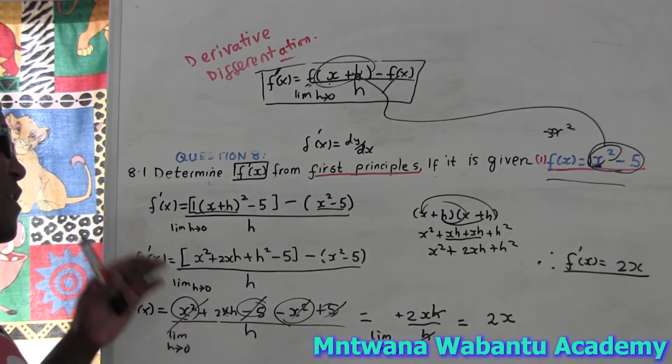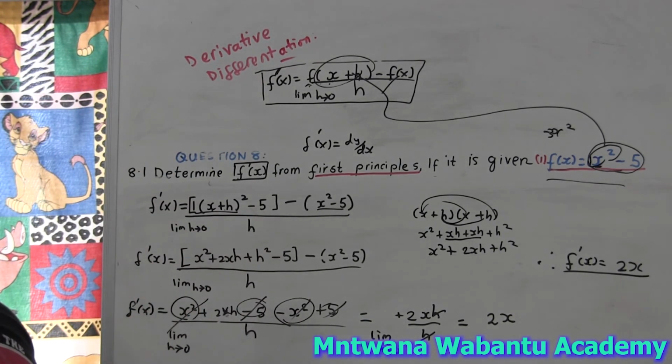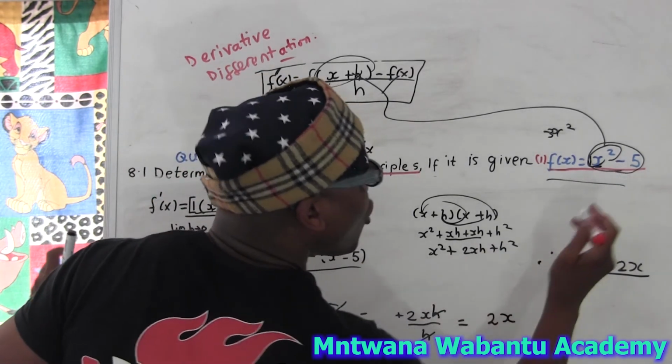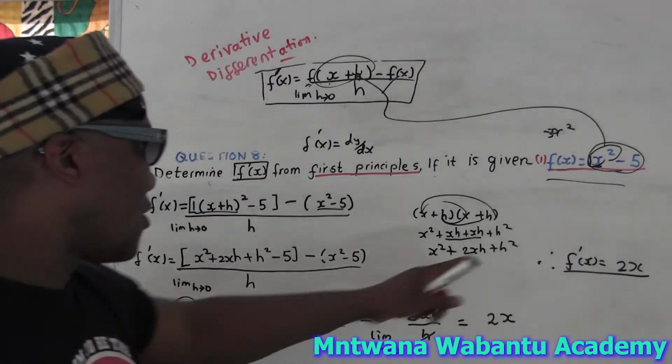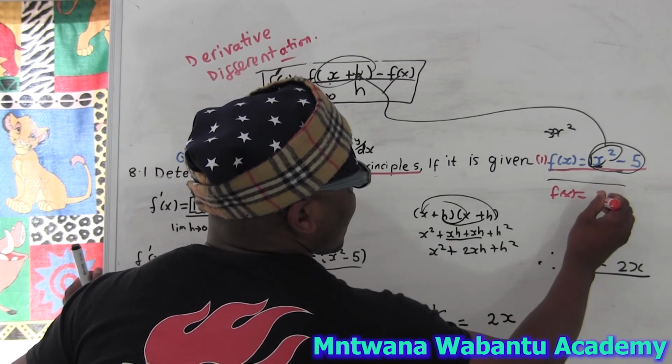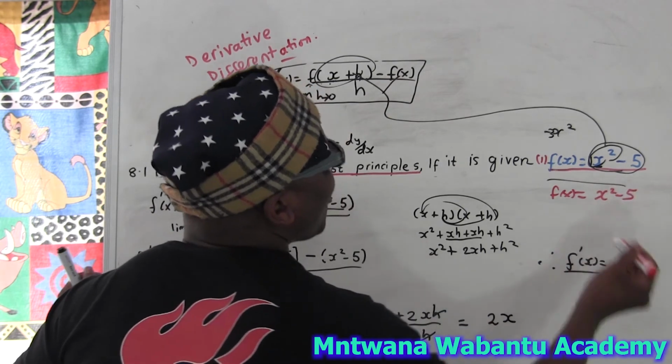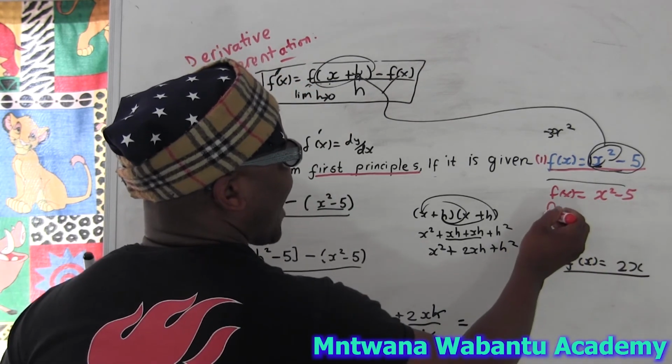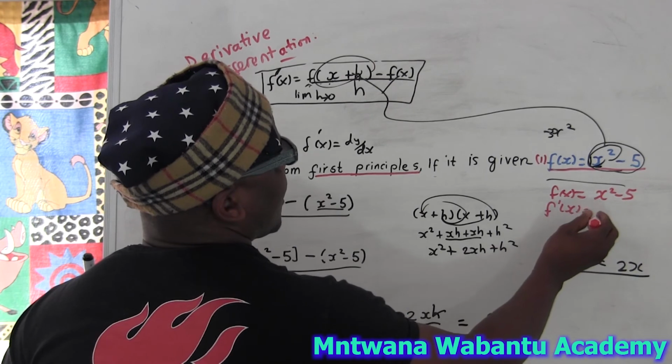When you finish with the first principle, make sure you always prove if it's true. How do you prove? Come here, man. Do normal derivative. You know how to derive now. Look, f of x equals x squared minus 5. So how are we going to derive normally? I'm going to say f prime. Which number is here?